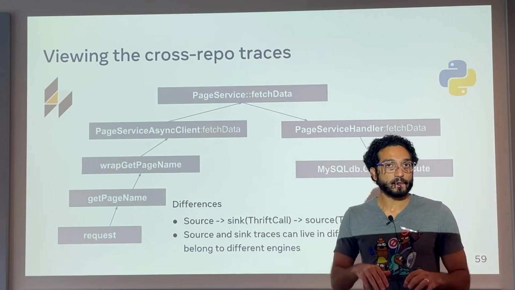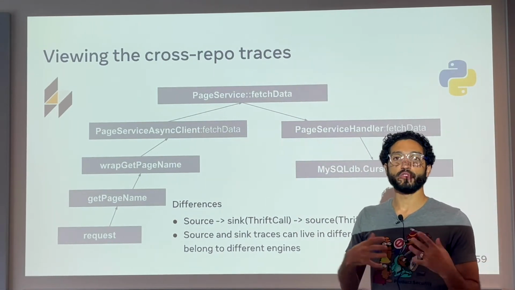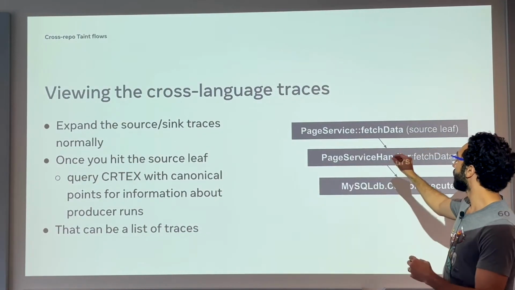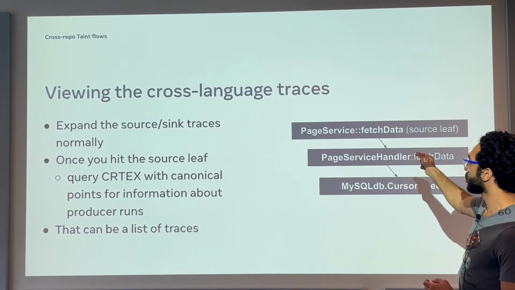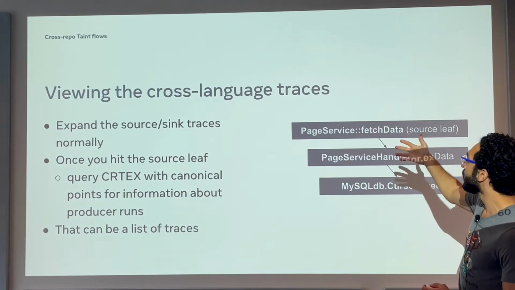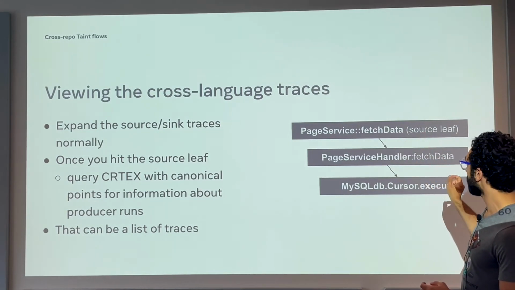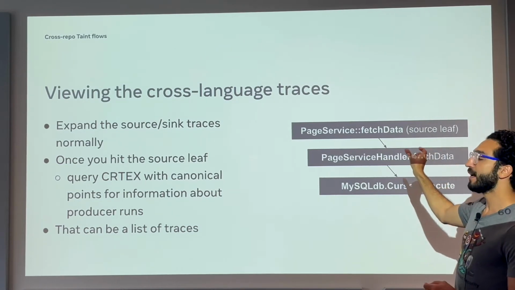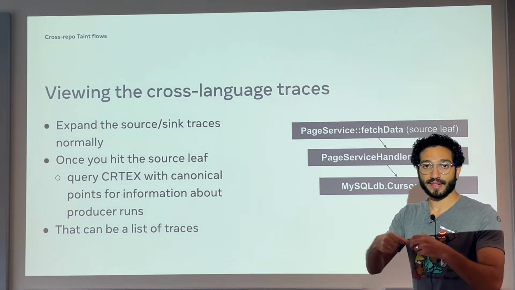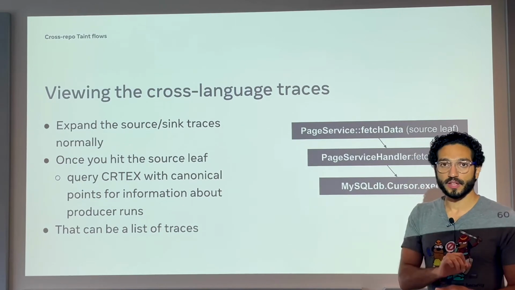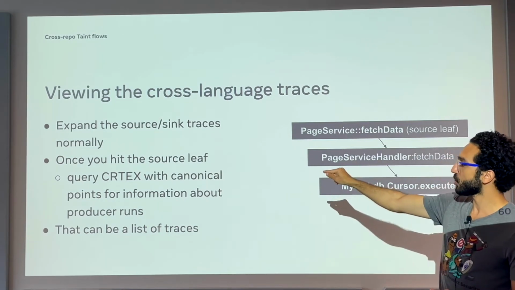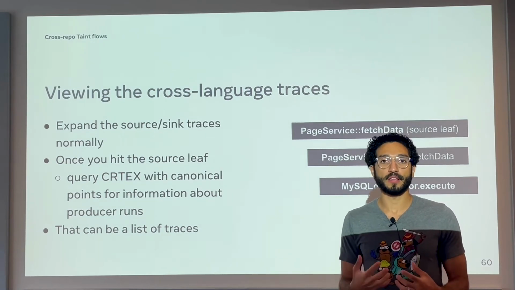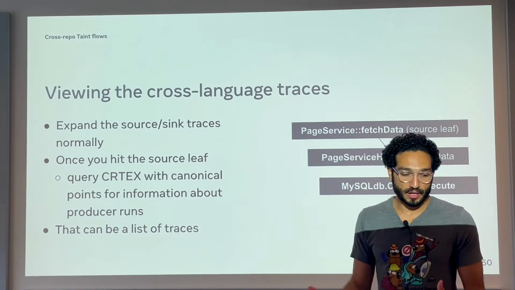So in order to view the cross-repo traces, you start from the right-hand side, which is the flow from the service implementation to the sink. You start from here, you expand the trace until you hit the sink leaf. You also expand until you hit the source leaf. Your source leaf is the thrift implementation, that canonical connection point. Once you hit that canonical connection point, you go to the crtech to find who are the producers, or who are the other engines that are storing data into my run.